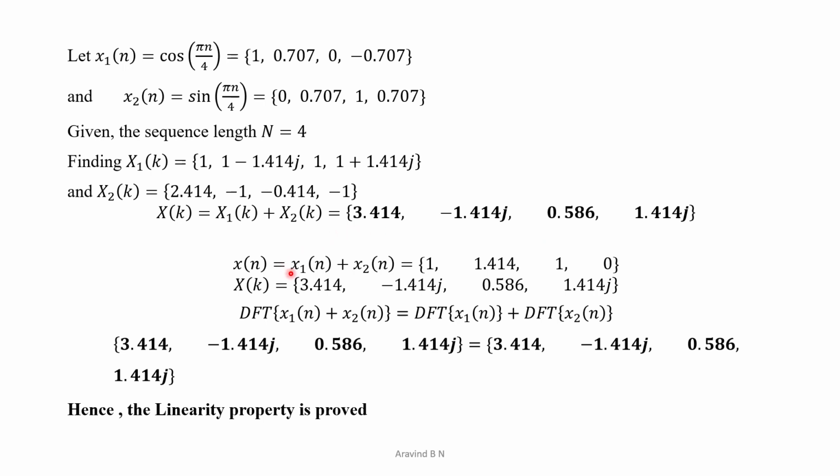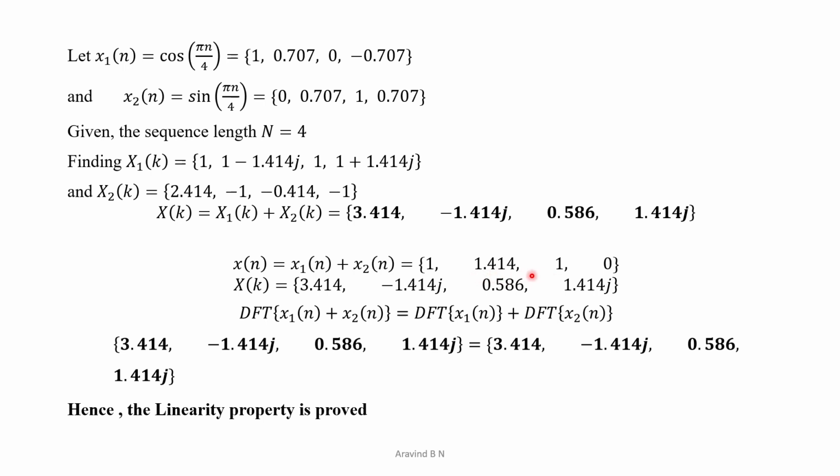Now the LHS part. So for the time domain values, first add them together. That means these values are added together with respect to their positions. So 1 plus 0, then 0.707 plus 0.707, like that, position-wise addition. This is the sequence x of n we have got.